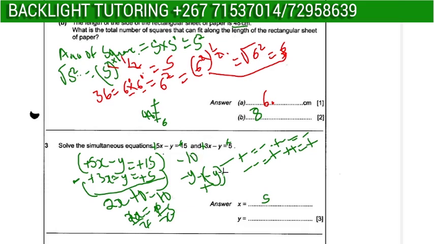So since x is 5, we're going to say 3 times 5, 15 minus y equals 5. You take 15 to the other side, you have what? Minus 10. Then you divide by minus.